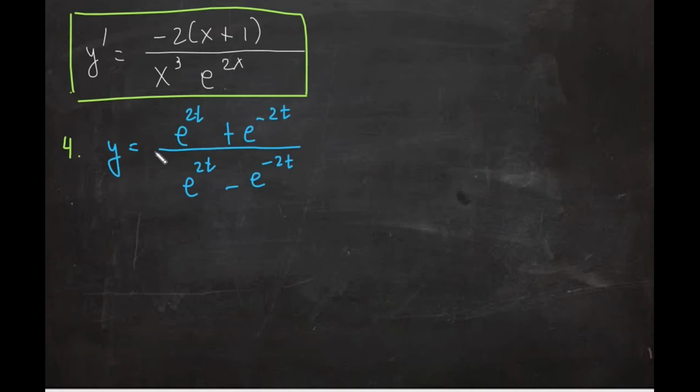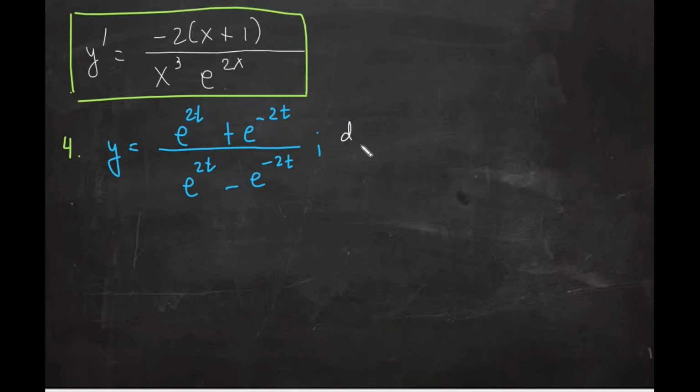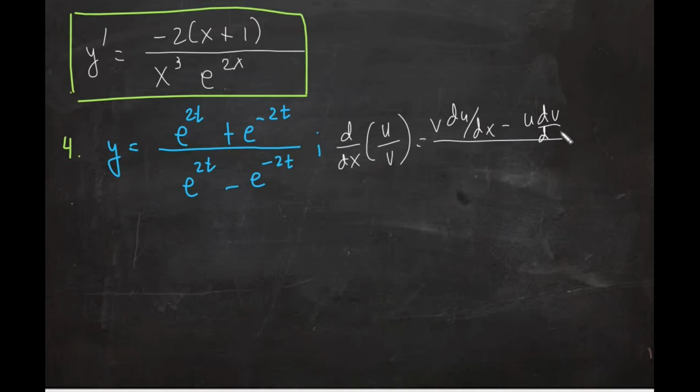So we have y is equal to e raised to 2t plus e raised to negative 2t all over e raised to 2t minus e raised to negative 2t. Here we will apply the derivative of a quotient, and let's recall that the derivative of u over v is simply equal to v times the derivative of u minus u times the derivative of v, all over v squared.